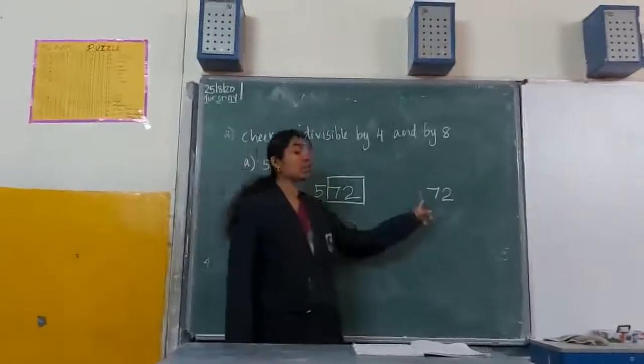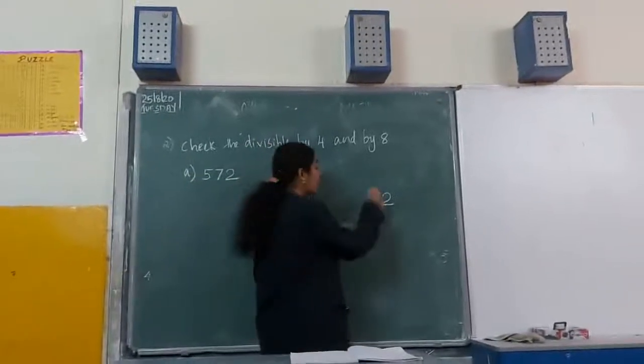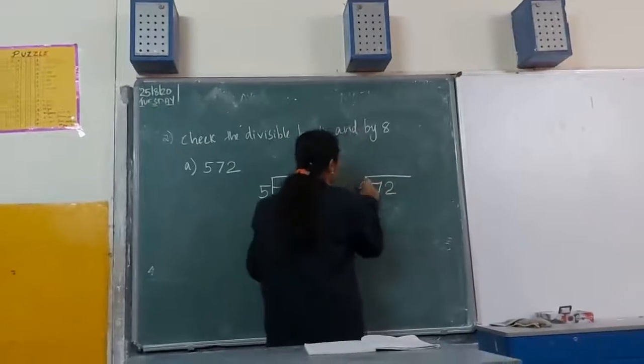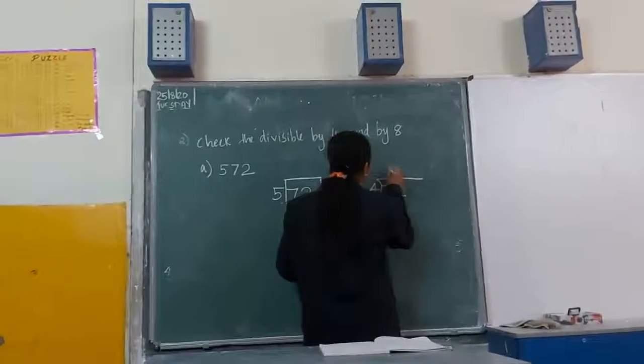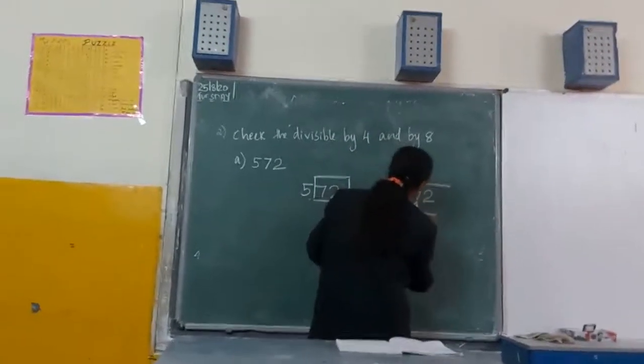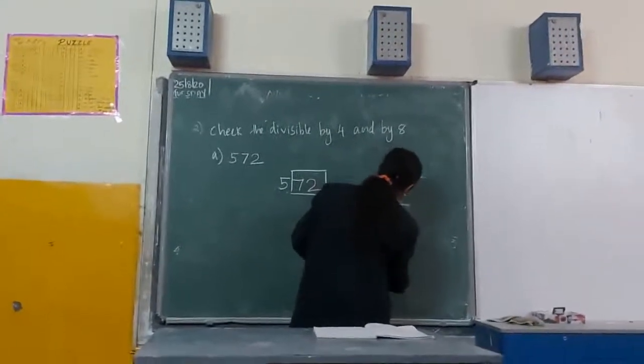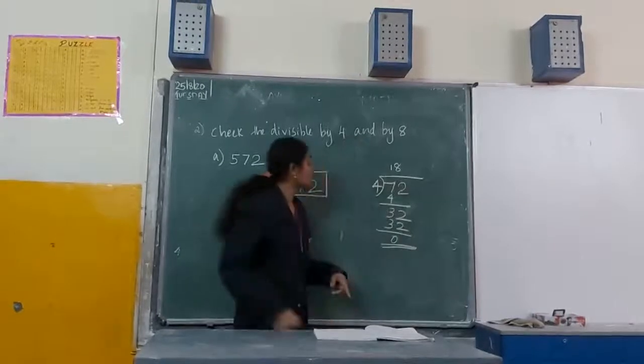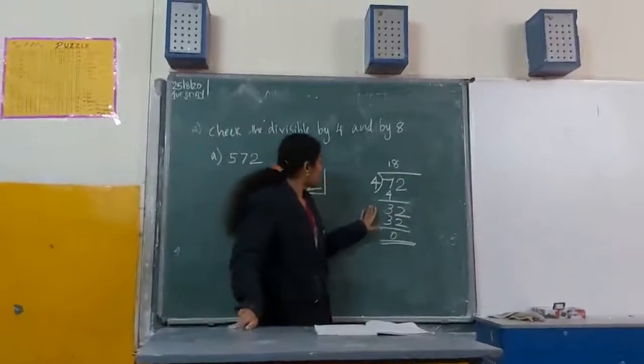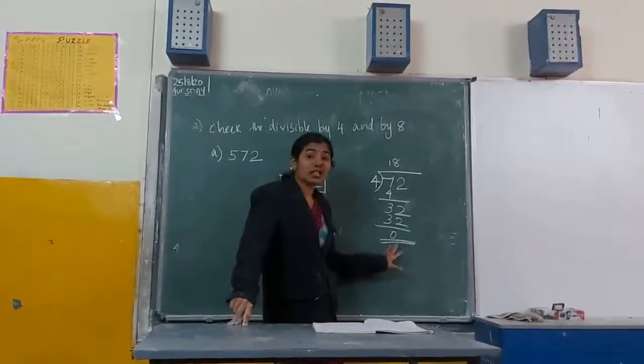Is this number divisible by 4? How to check that? Divide it by 4. What you will get? 7 ones are. See here, what you will get? You will get the remainder 0.